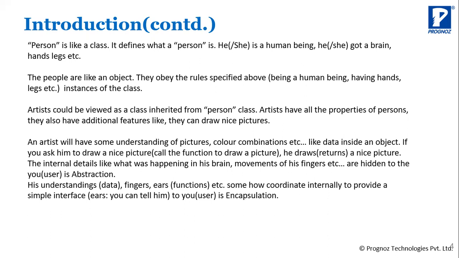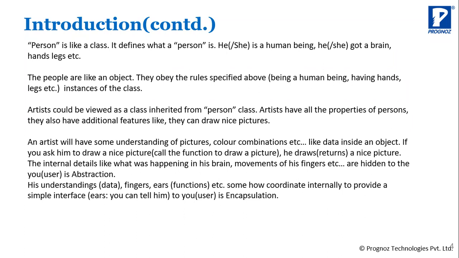Encapsulation. In encapsulation, as a human being, everything is in one object, wrapped and bound together, like our hand, our brain, eyes, ears, nose, everything with us as a single object. That is nothing but encapsulation.